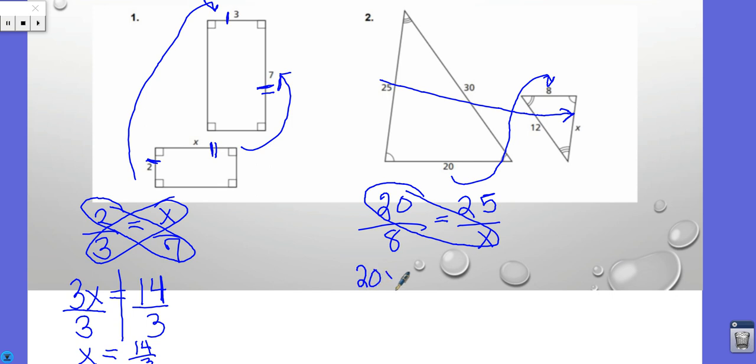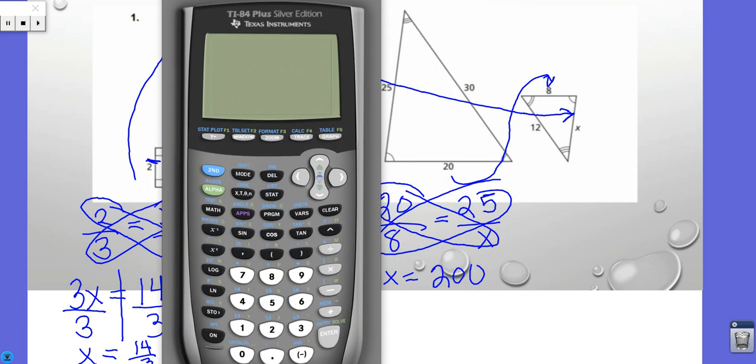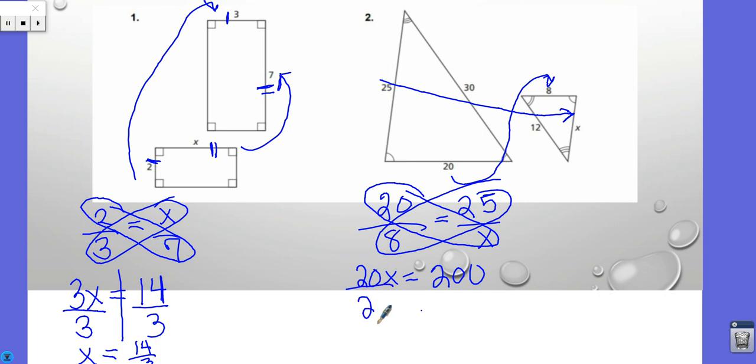20 times x, and then 8 times 25, which is 200. You can use your calculator to help you with that, and I will use it to double check. 8 times 25 equals 200. And then we're going to divide by 20. Divide by 20.